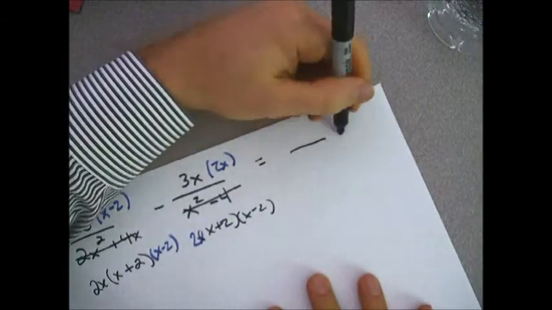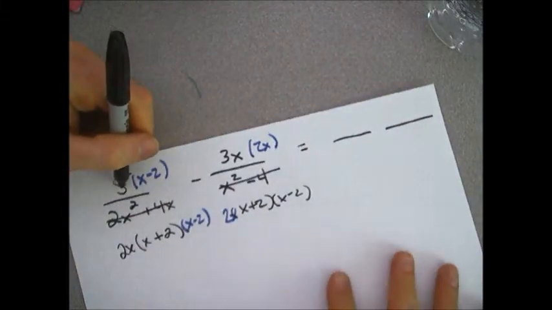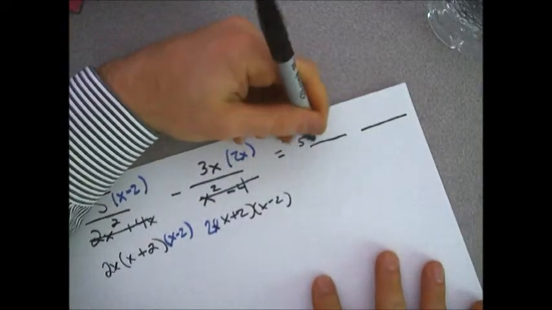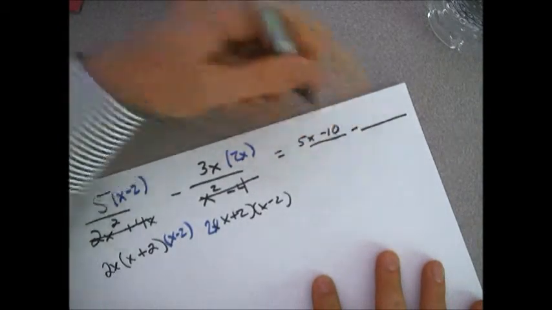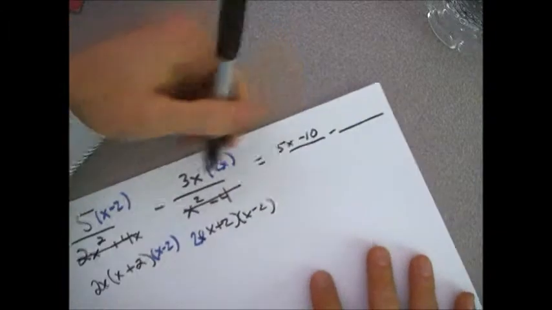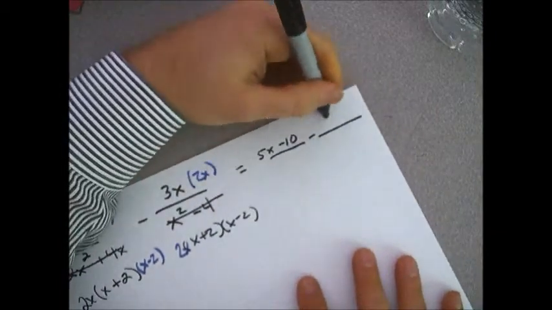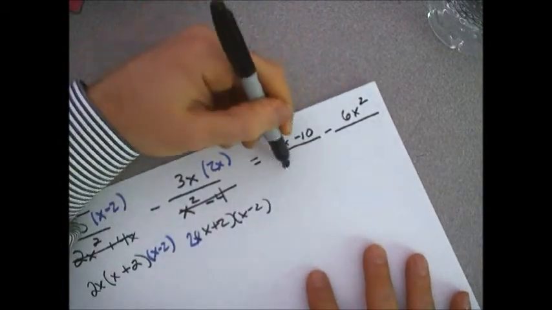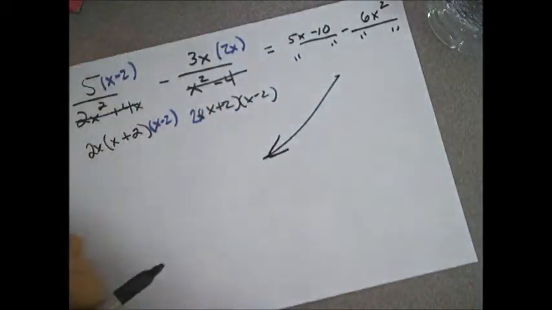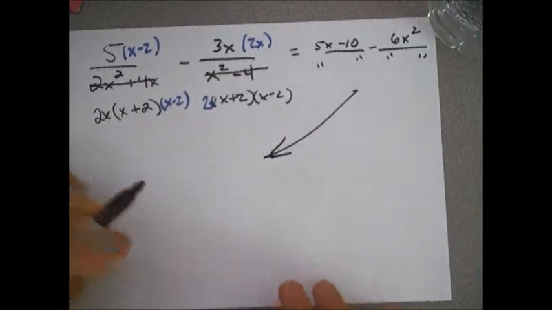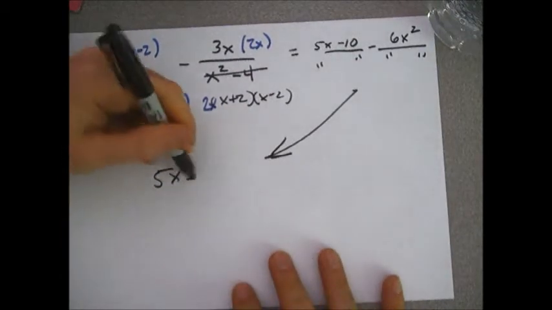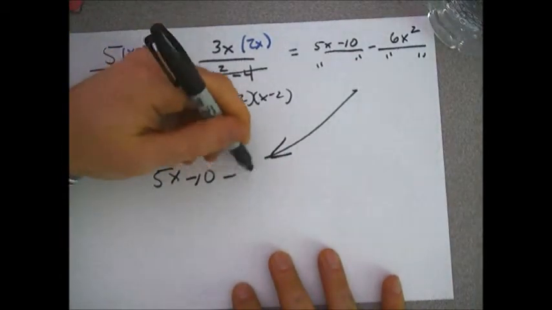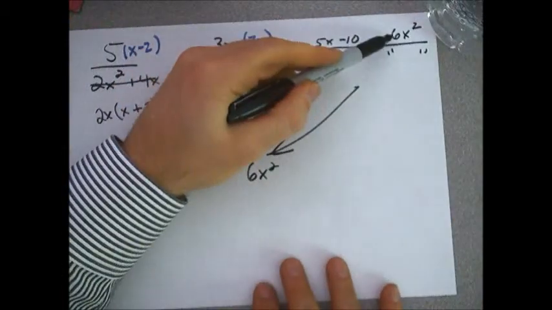So now let's do some math. On the left side, I distribute. 5 times x is 5x minus 10, minus, what is this really, 6x squared, all over, let's just put some quotes because we know what my denominator is. So 5x minus 10 minus 6x squared. Be very careful of a double negative.